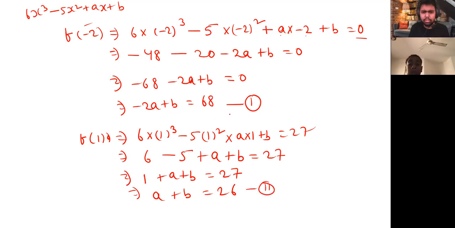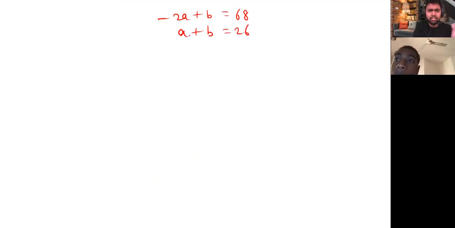Now I will solve both. So I have minus 2a plus b is equal to 68, and I have a plus b is equal to 26. Now see, here my b's are equal, so no need to bother. I am just solving with b because it will make my work easy. The symbol is the same, so I am going to subtract.